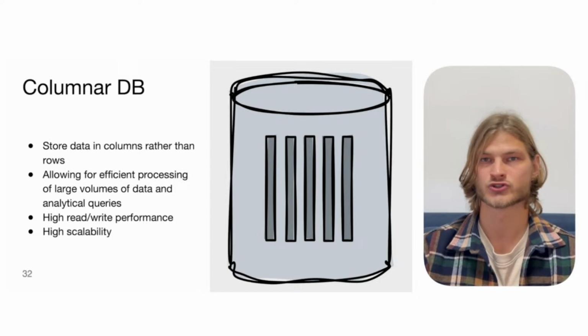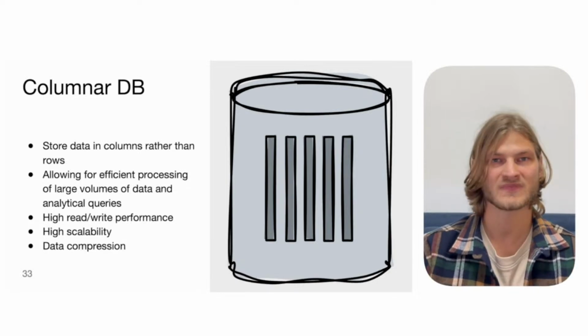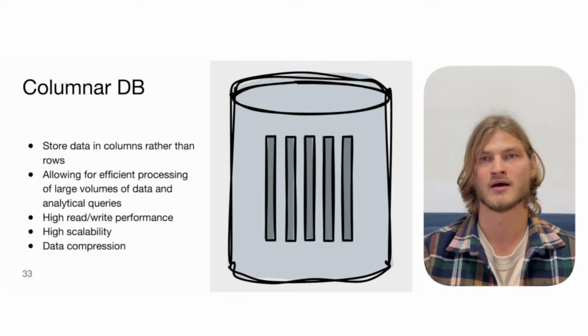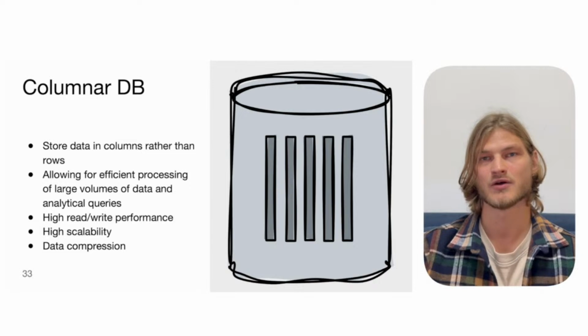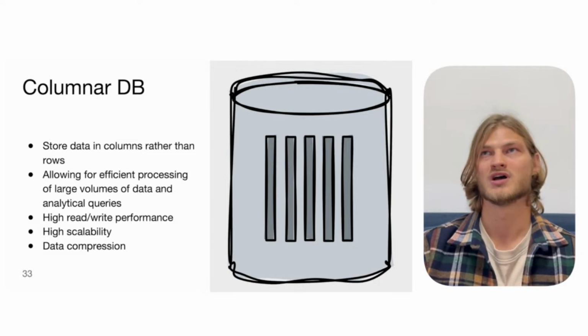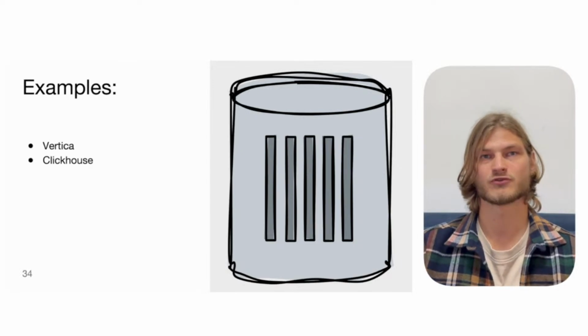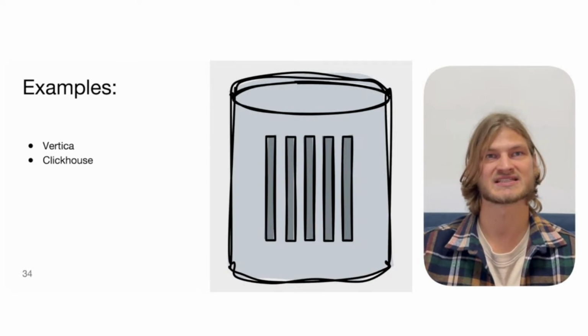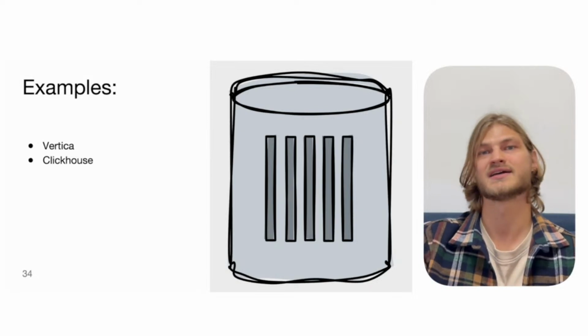It also has high scalability out of the box. Also, I should notice that it has a data compression technique, which helps you to store more data with less memory consumption. Examples of such databases are Vertica or ClickHouse.